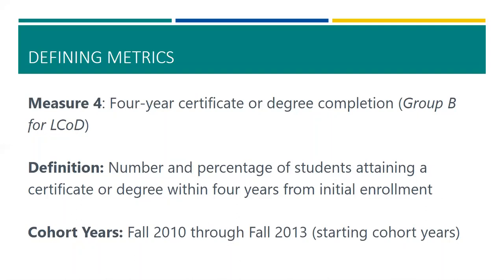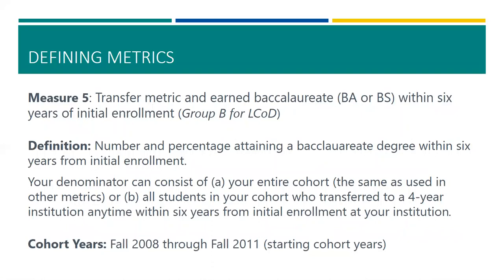And finally, measure 5, which again, this is only for Leader College of Distinction. It is part of Group B. This is a transfer metric and earned baccalaureate within 6 years. So as stated, it's the percentage attaining a baccalaureate degree within 6 years. However, and there is a drop down on the front page that will let you make your choice.